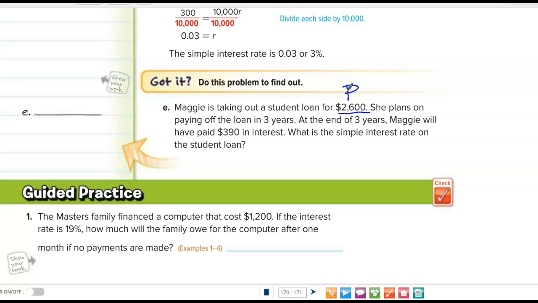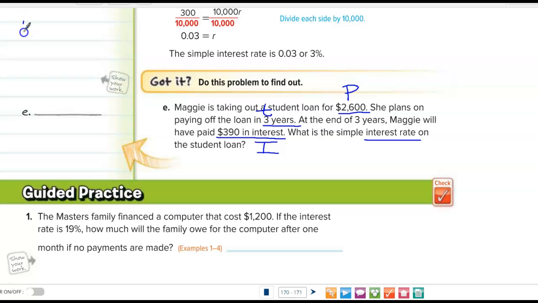She plans on paying off the loan in 3 years, so this 3 years is my time. At the end of 3 years, she will have paid $390 in interest, so that's my I, because it's the interest that I'm going to pay. And we need to figure out what the interest rate is on the student loan.